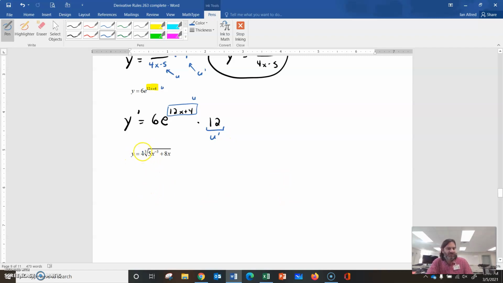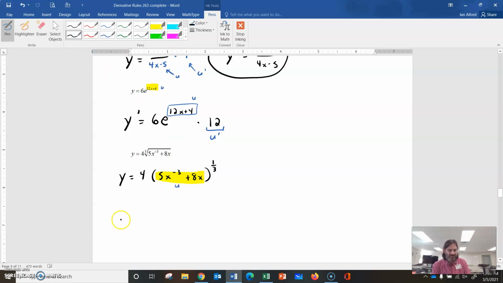Last one here, y equals 4 times the cube root of 5x to the negative 3 plus 8x. Definitely rewrite this. Y equals 4 times 5x to the negative 3 plus 8x, and that's all raised to the 1/3. So when rewritten, you can see you're using a power rule. What are you raising to the power? The 5x to the negative 3 plus 8x, so that's your u.